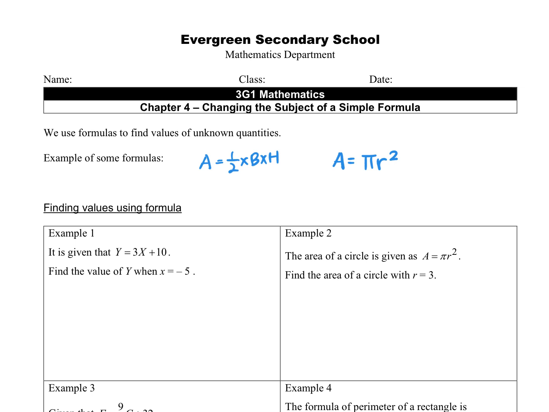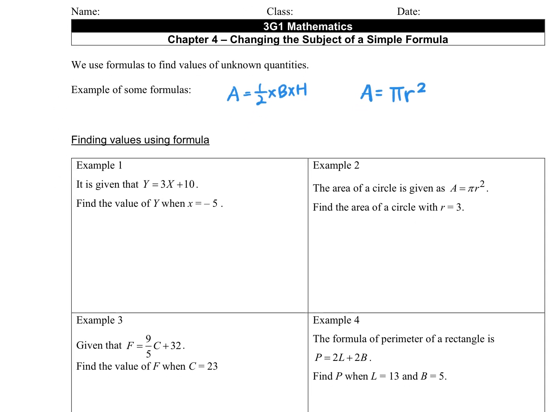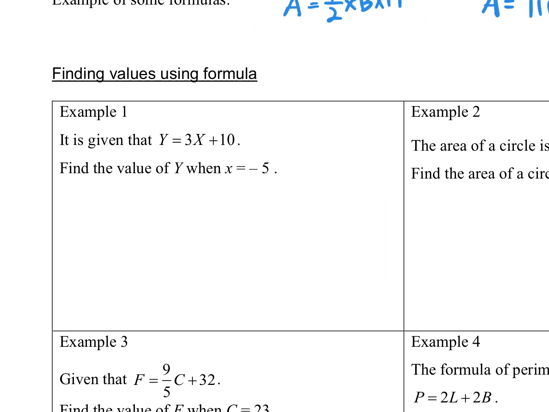Now, if we are given a formula and they ask us to find the value given certain numbers, for example in example 1, y equals to 3x plus 10. They want us to find the value of y when x equals to negative 5. So inside this formula, y is equals to 3 times x plus 10.